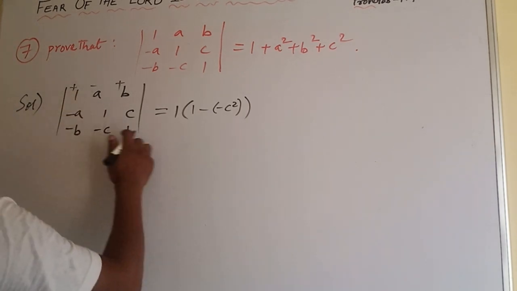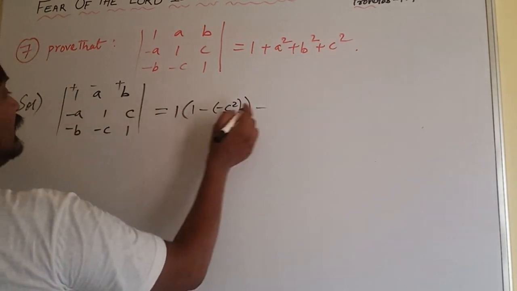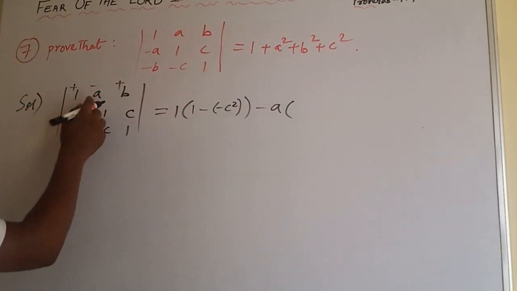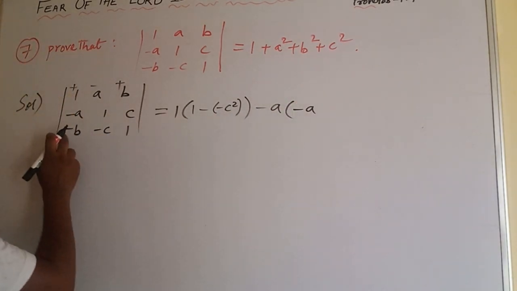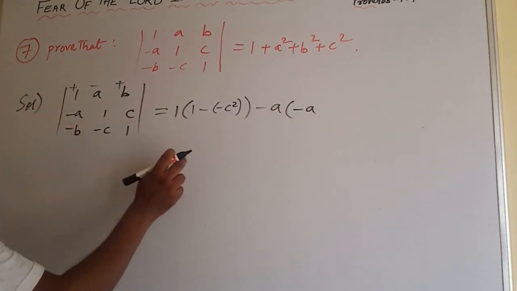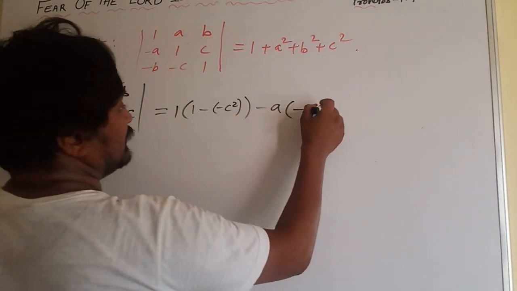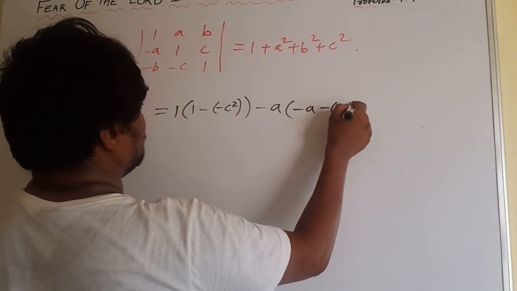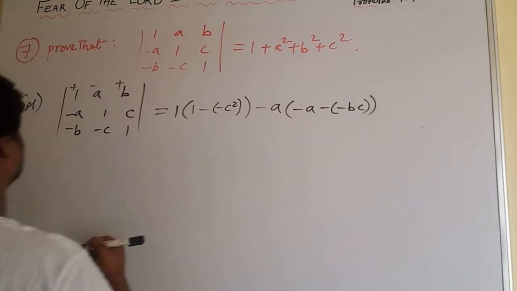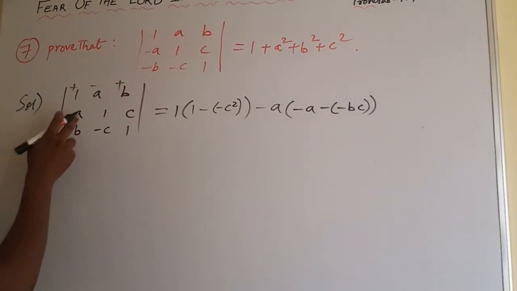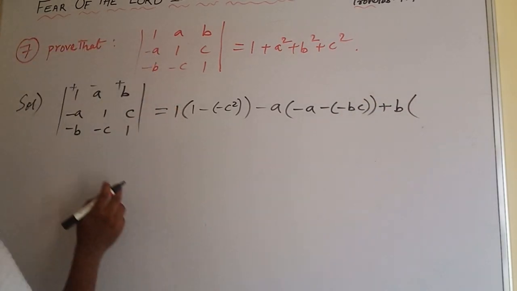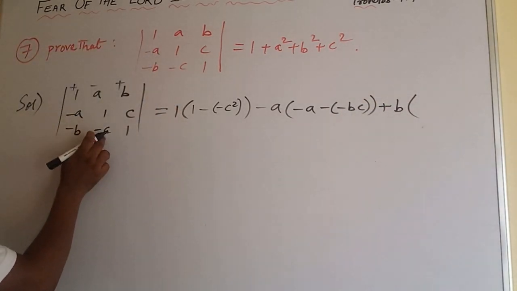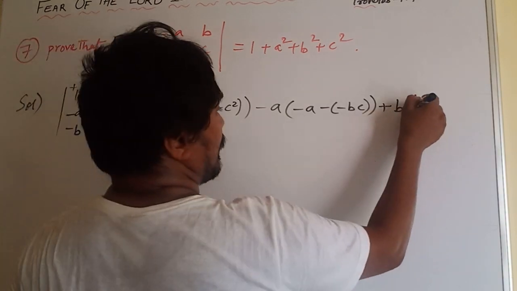So next, minus symbol, and here a is there, and which I have left here, minus a into 1 minus a, then minus b into c minus bc, and here minus symbol, formula, minus bc. Next, plus b, so here plus b into minus a into minus c, plus ac.